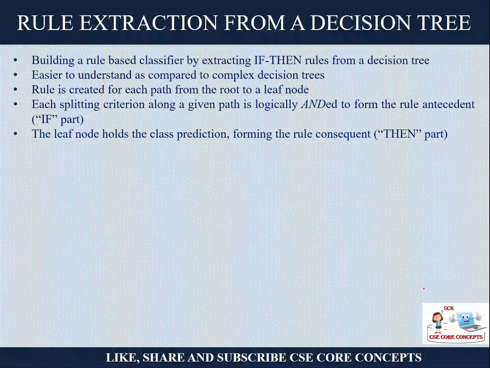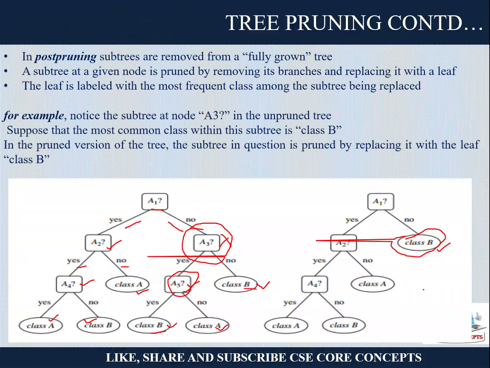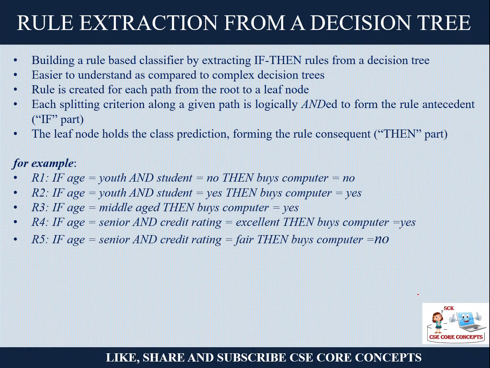If you want to go here, what you will write is: if condition A1 is yes and if condition A2 is yes and if condition A4 is yes, then class A. Multiple attributes you group by and, right? If age is youth and he is a student, then he buys computer. If age is middle aged, then he buys computer.